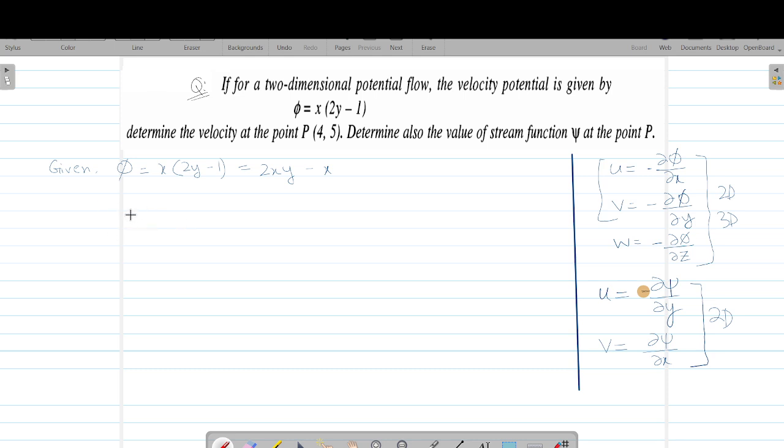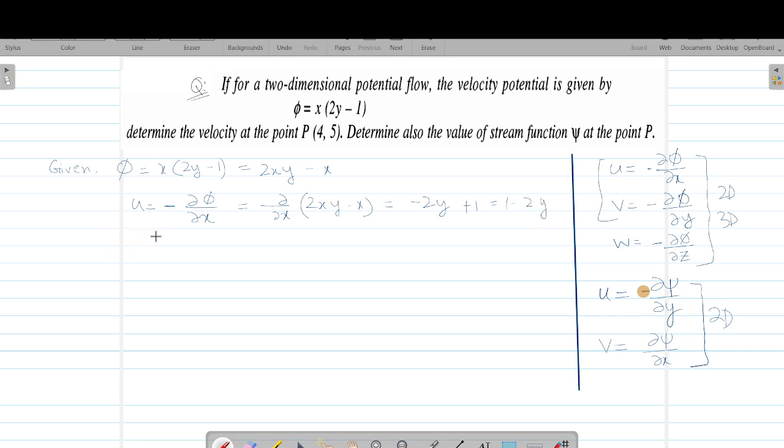Now you know that u is the velocity component along the x direction. u is equal to negative d phi dx, and it will become equal to minus d/dx of (2xy minus x). If you do the derivation, you will find minus 2y plus 1, which gives you 1 minus 2y.